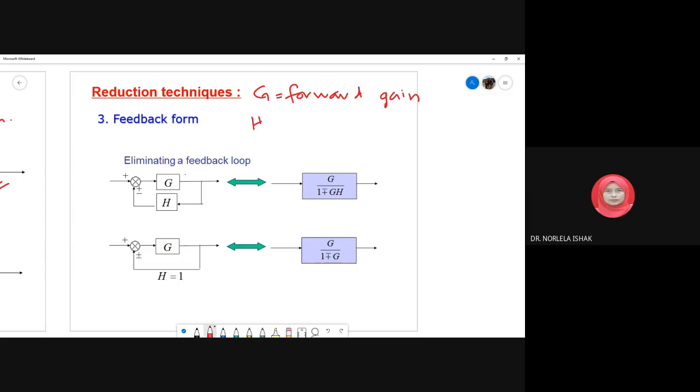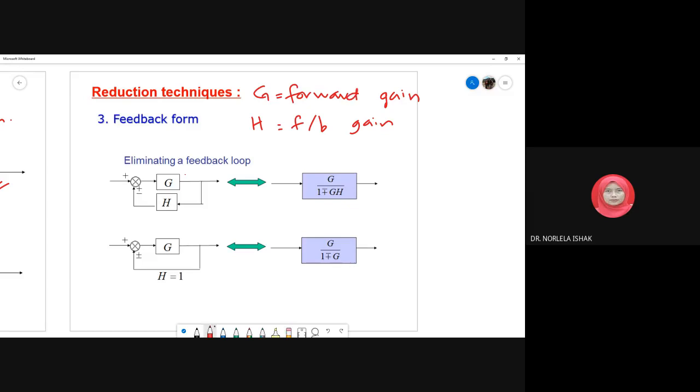Okay, and H is our feedback element, our feedback gain. So G is your forward gain and H is your feedback gain.